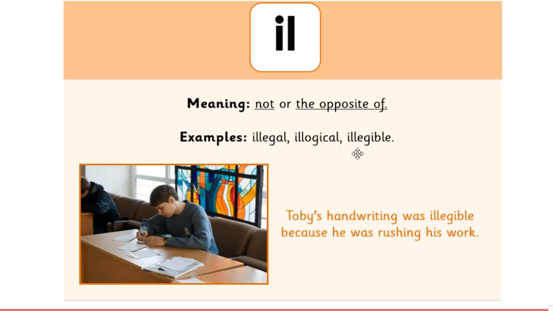If we can't read it and it's the opposite of legible, we add il onto the front and it becomes illegible. Here we've got a sentence with an example. Toby's handwriting was illegible because he was rushing his work. That means that we can't read it. So we've changed the meaning there by adding il as a prefix at the beginning.